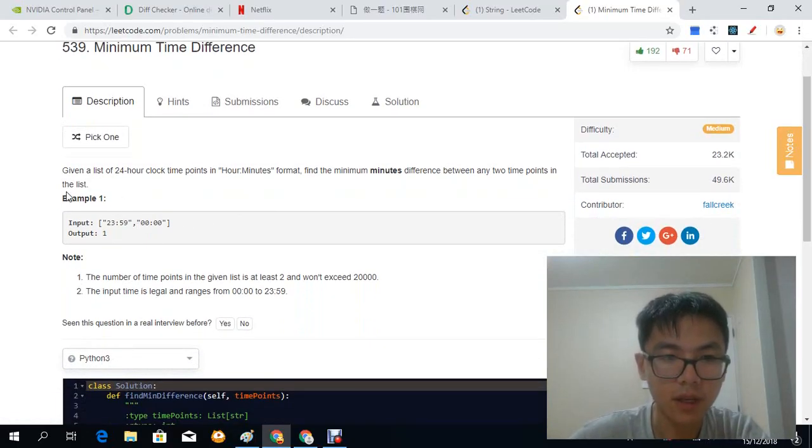Let's take a look at example 1. So the time 23 hours 59 minutes and 0 hour 0 minute is 1 minute.